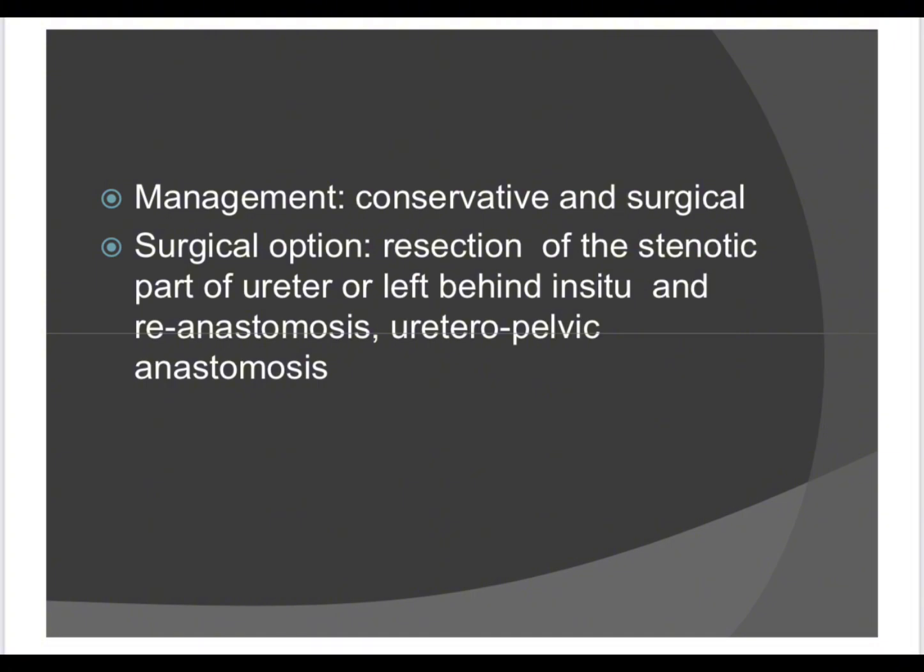We can go through an open surgical approach, laparoscopic approach, or robotic procedure, and we can go also through a transperitoneal or retroperitoneal approach, and also through a flank incision. So this was all about the retrocaval ureter.